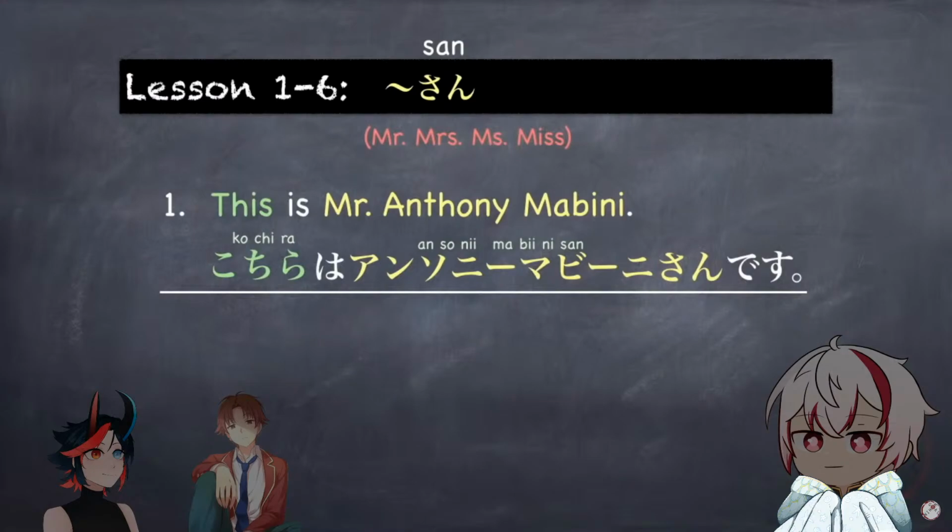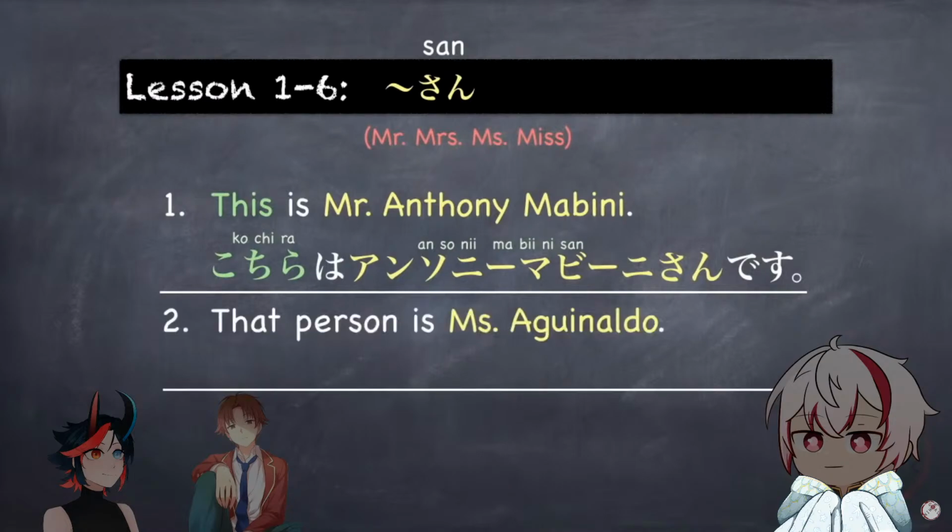Kochira is the polite way of saying kore or this. Kochira wa Anthony Mabini san desu, or kono hito wa, this person is Mr. Anthony Mabini. Another example, that person is Miss Aguinaldo.